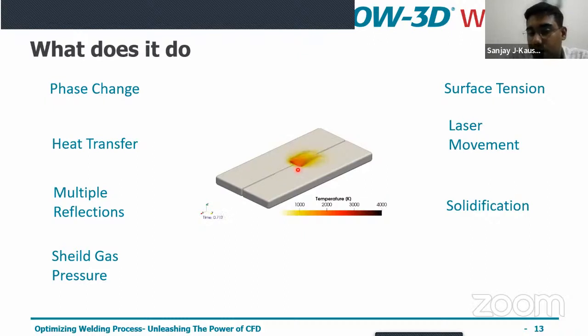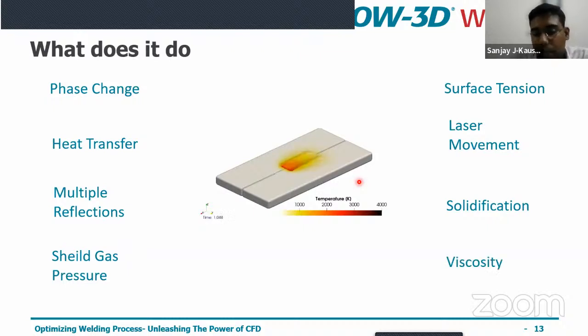Shield gas can also act as a heat extractor, and the metal will also extract some heat from the melt pool. All these coupled together give you solidification. How does it solidify? From which direction does it solidify? It is very important to know, because solidification can cause effects such as porosities and shrinkages.